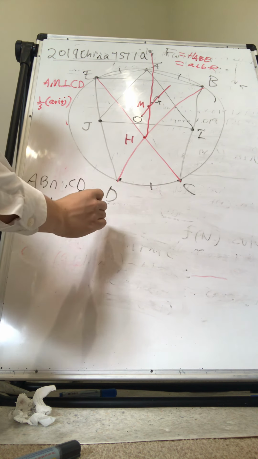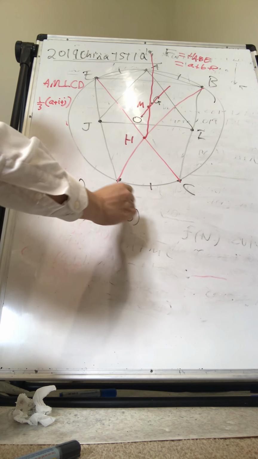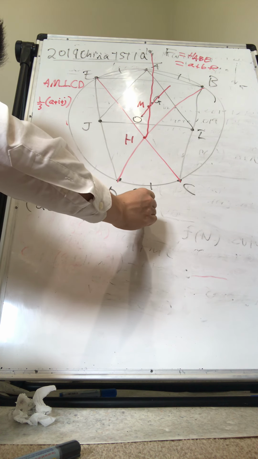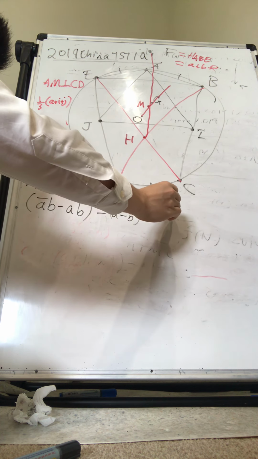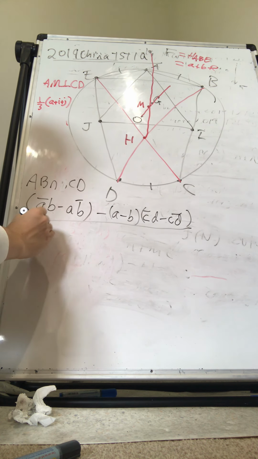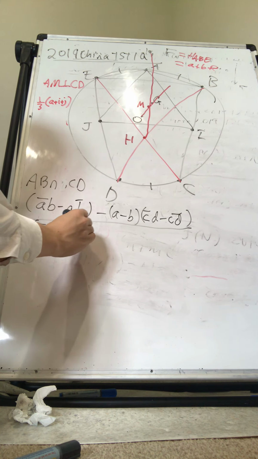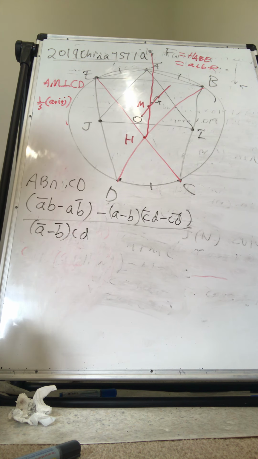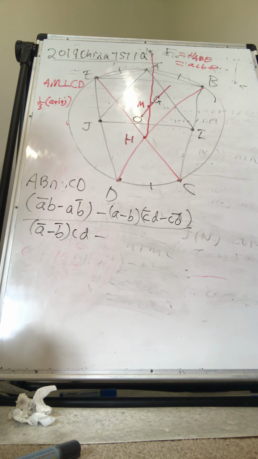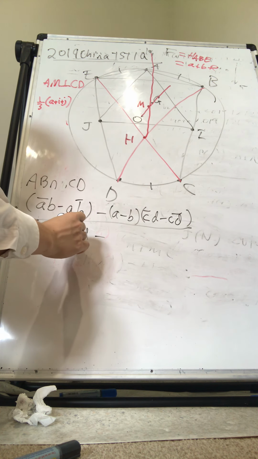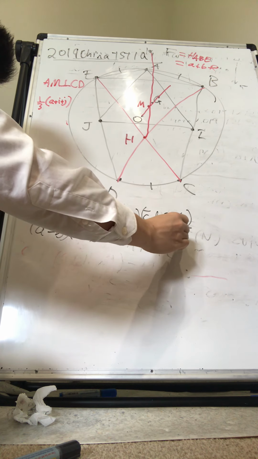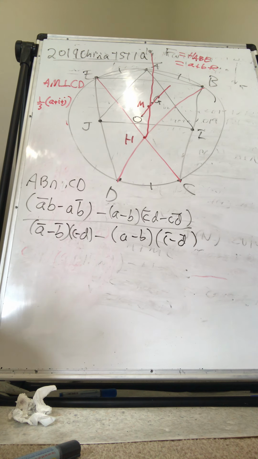Minus A minus B, C bar minus C bar D minus C D bar, in brackets, on A bar minus B bar times CD, minus A minus B, C bar minus D bar.